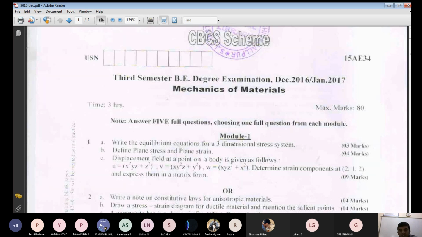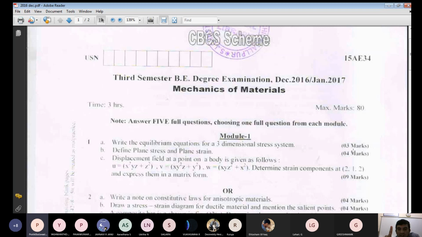Write the equilibrium equation for a three-dimensional stress system. It is given only 3 marks. So what should we write? You should write the equilibrium equations, the 3 equations.